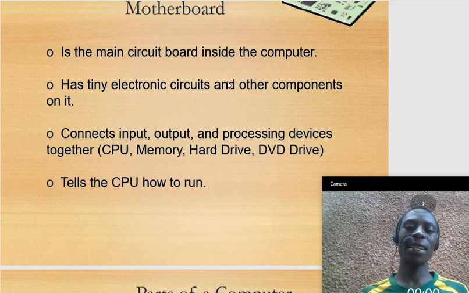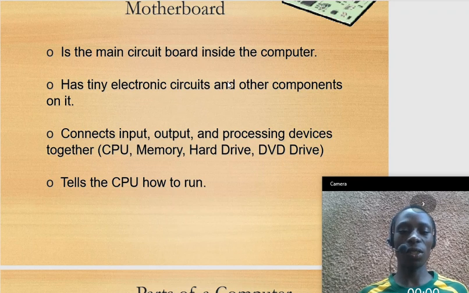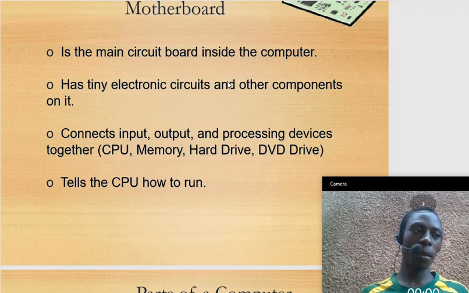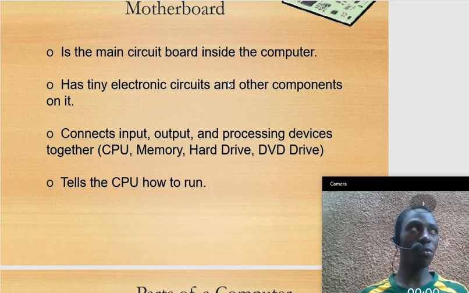So in this case, the motherboard connects each and every part we have looked at, the input, the output, the processing, and many more. It is sensible to say that it tells the CPU how to run. Remember, we have the brain somewhere. If we have the brain of the computer, we expect some communication.